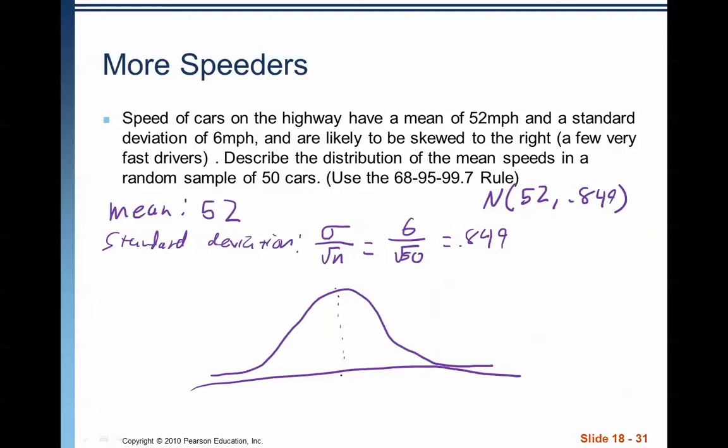So here's my mean at 52, and then I'm going to add that standard deviation 3 times to see the values. So I get 52, let's see, the first one here is 52.849.